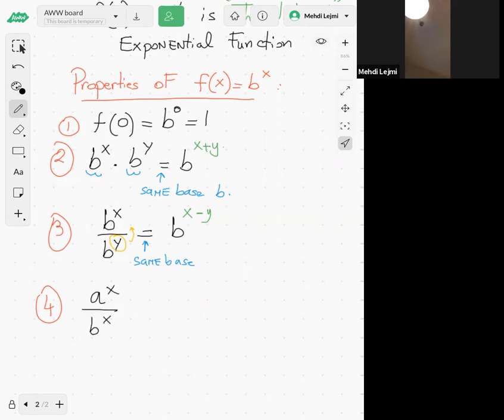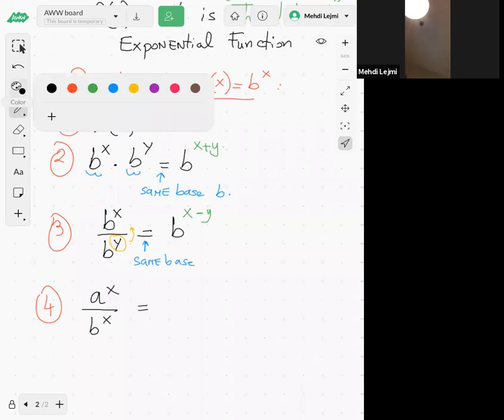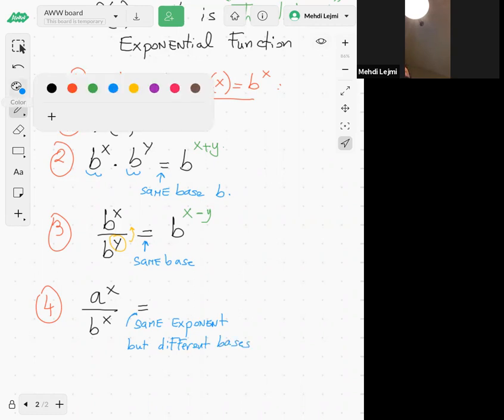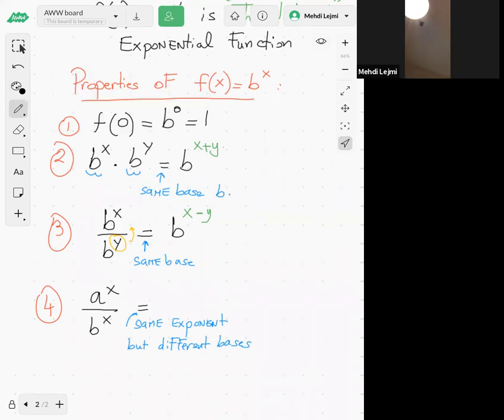Here it's the same exponent but different bases. So you can pull out the exponent x.